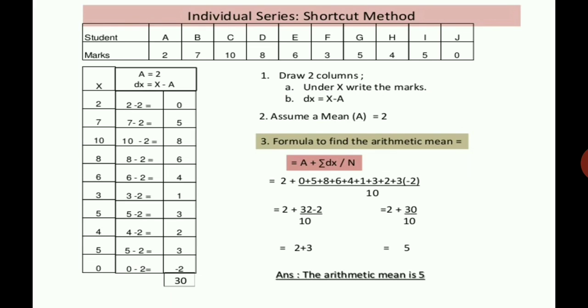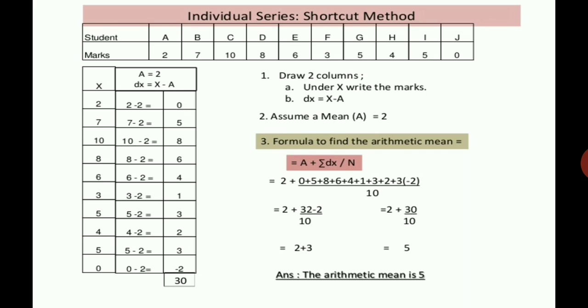Then you can also solve this example using the shortcut method. In the shortcut method, we should understand how to calculate the deviation, and in this method an assumed mean is also considered in the series, and the values are subtracted from the assumed mean, and this data is called deviation from x.